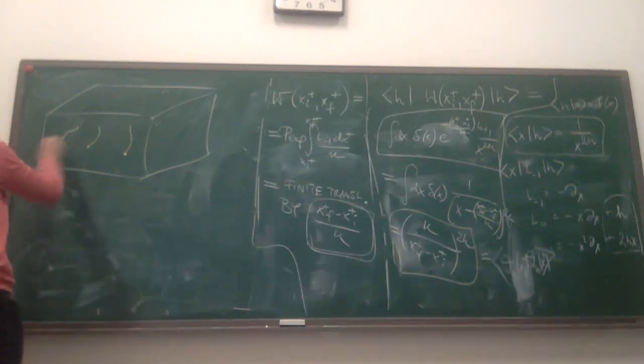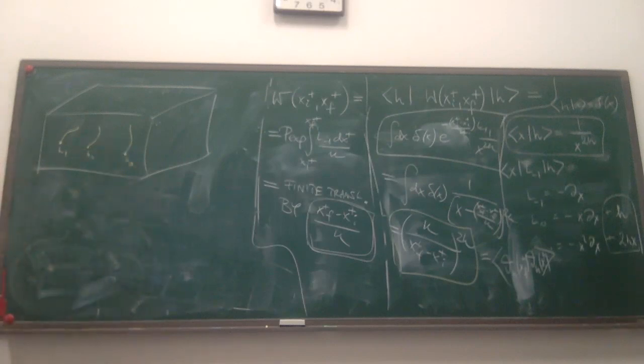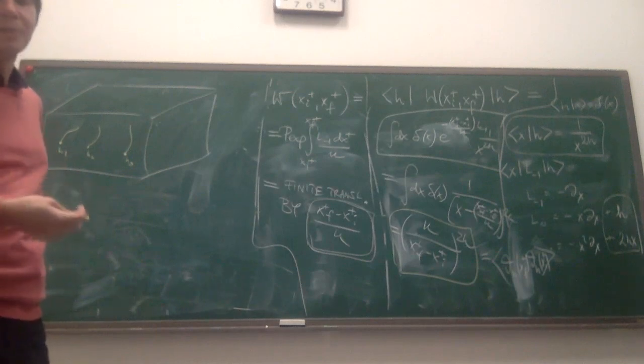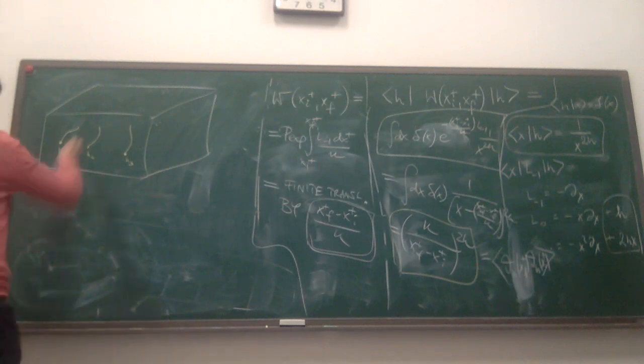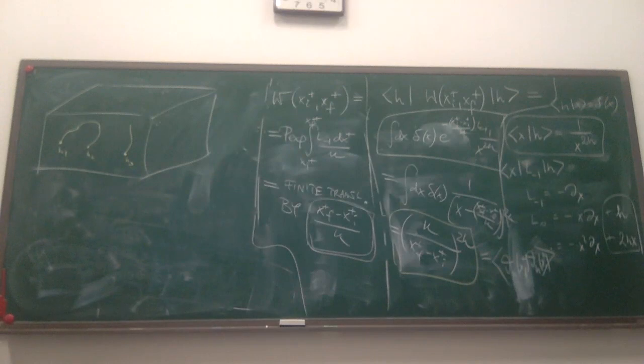So each one of these Wilson lines, I imagine, carries some representation, which is H1, H2, and H3. And I want to compute a 3 point function of operators with conformal primaries with conformal dimensions H1, H2, and H3. So if I just connect them, then I get my 2 point functions, so that's not very good. So evidently I must find some way to join this line over here.